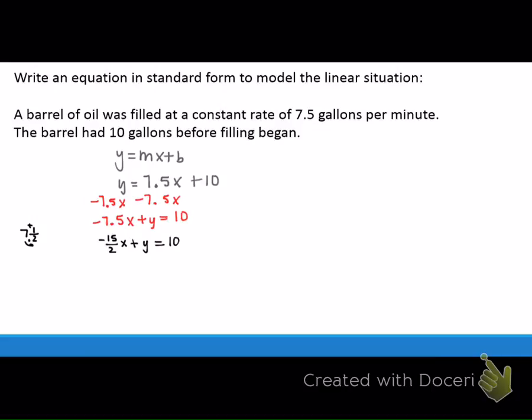So let's do this all in one step. What could I multiply everything by to get rid of both the negative and the fraction? Kelly? Negative 2. That's 15x minus 2y equals negative 20. And there's no common factor with all of those, so we are good there.